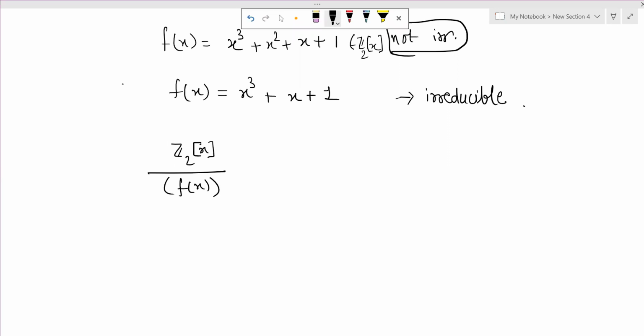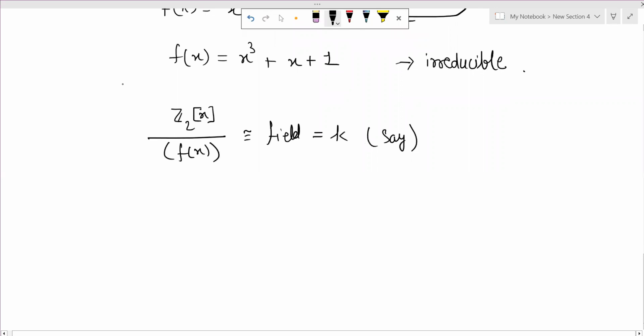So this will be a field, which is K. So this is the field K. Now what is the size of this field? The degree of the extension is the degree of the irreducible polynomial. So K over Z2 is of degree 3, because this is a degree 3 extension.